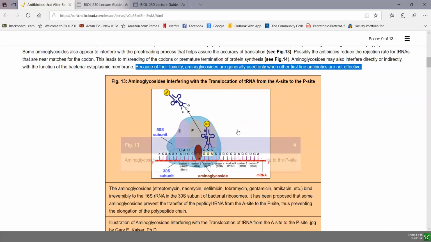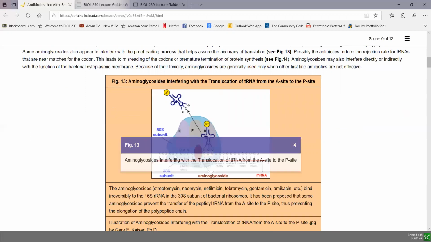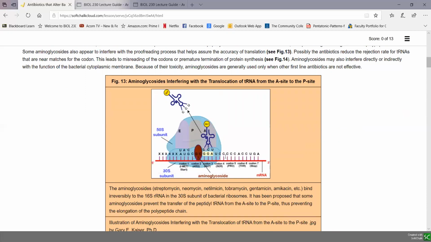One way is that we think some of the aminoglycosides, and as we said, they bind to the 30S subunit, the small one down here. And when the antibiotic binds, shown there as a brown oval, it's thought to kind of block the messenger RNA in the ribosome.